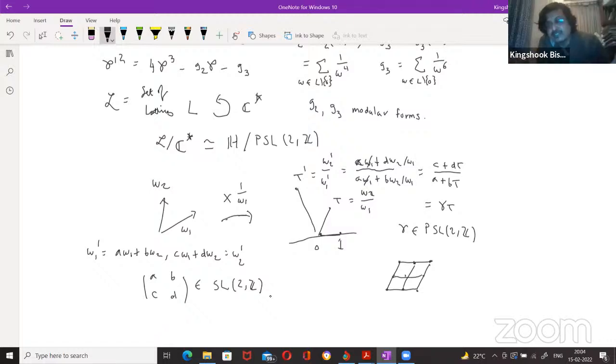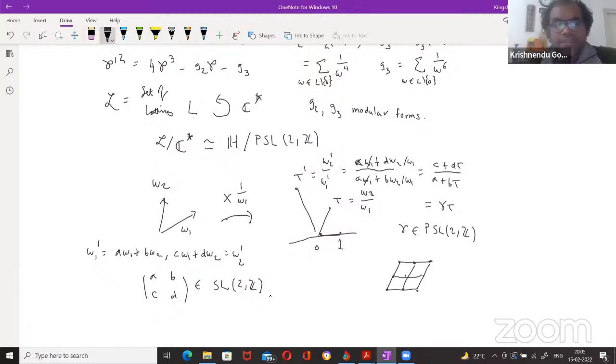So the moduli space is all complex tori up to biholomorphism. So you can think of PSL2Z as the mapping class group of the torus acting on the Teichmuller space, which is the upper half plane.